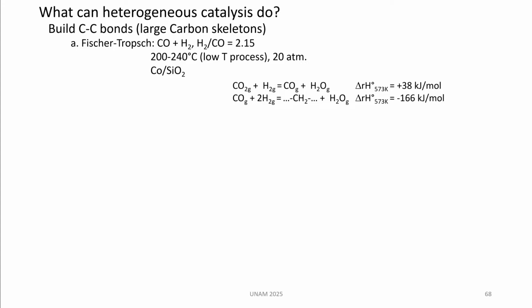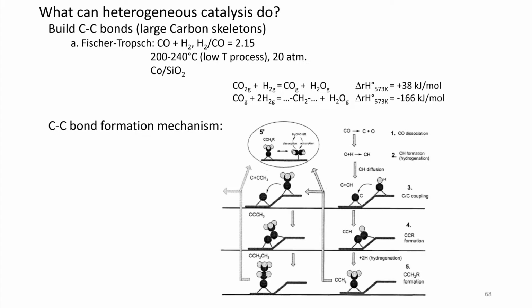How does it happen? Well, you have some complicated mechanisms that have been proposed, and they go like this, but they happen on the surface. You have some CH here reacting with adsorbed C, and here you see you have made a CC bond. This would be a step on a metal surface.